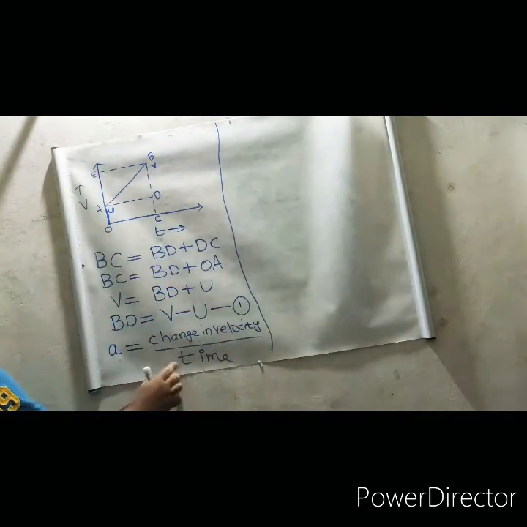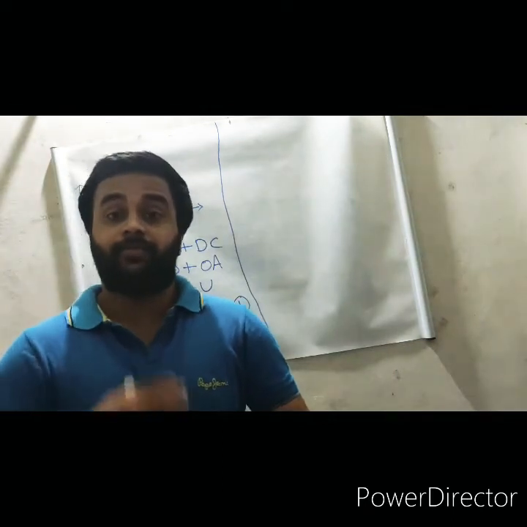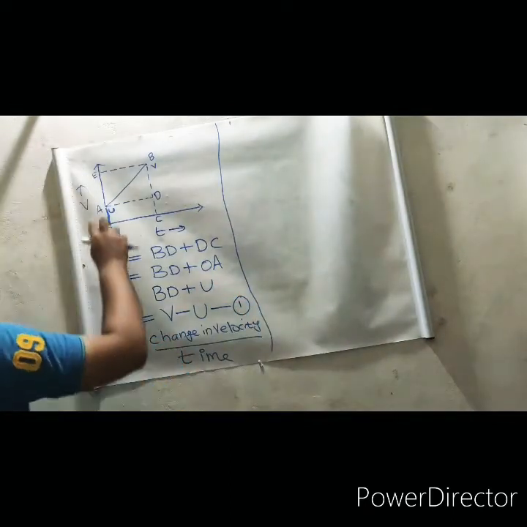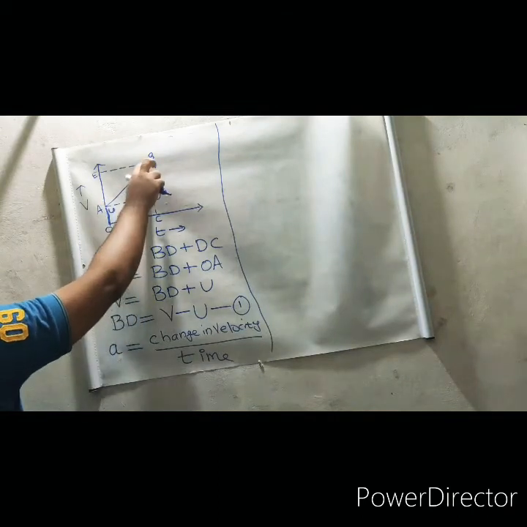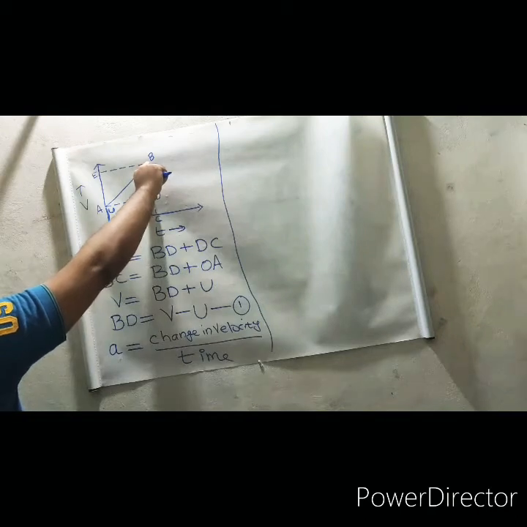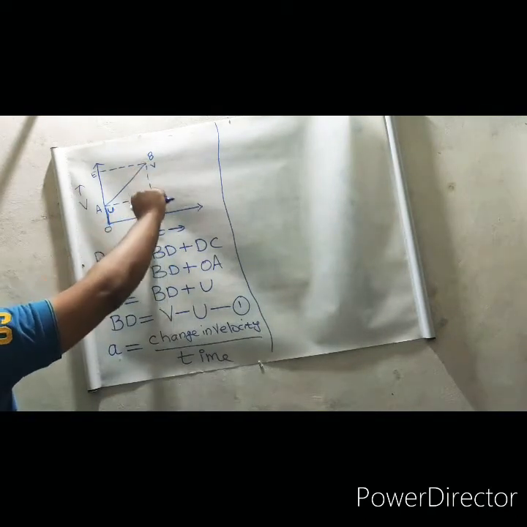From the graph, how can we represent change in velocity? This is the initial velocity, this is the final velocity. So this part is the change in velocity.